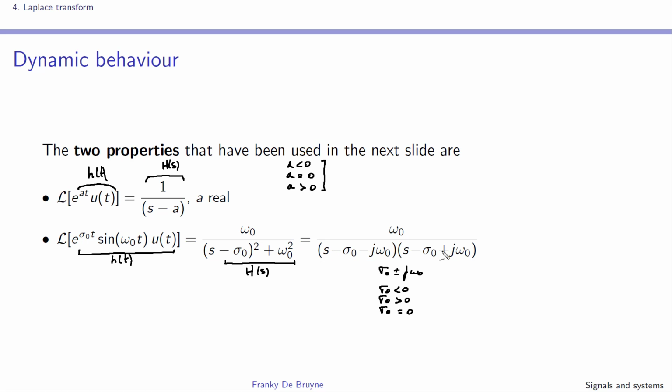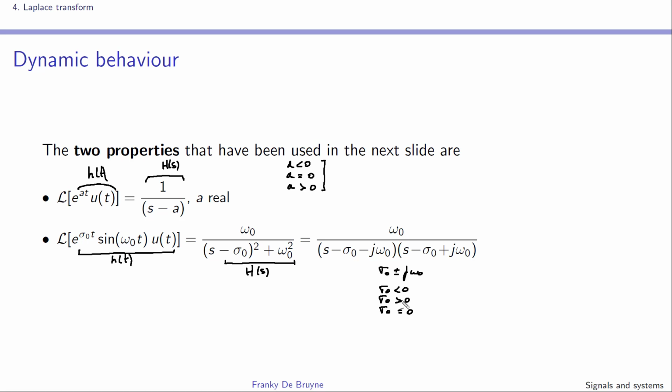The denominator will remain the same, okay? The poles will be the same. You'll have a change at the numerator, okay? But changing sine to cosine is just a phase shift, right? So if sigma is negative, you'll have a sine modulated by a decreasing exponential. So indeed, this impulse response will vanish to 0.